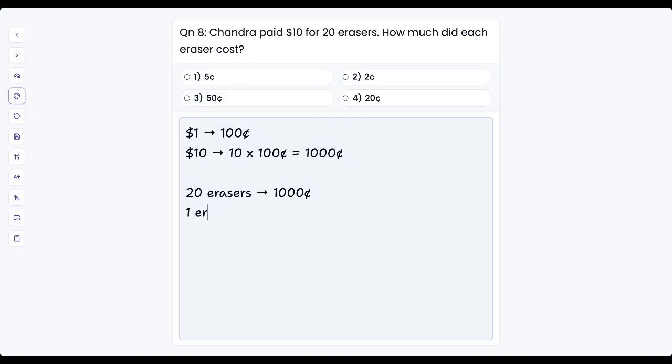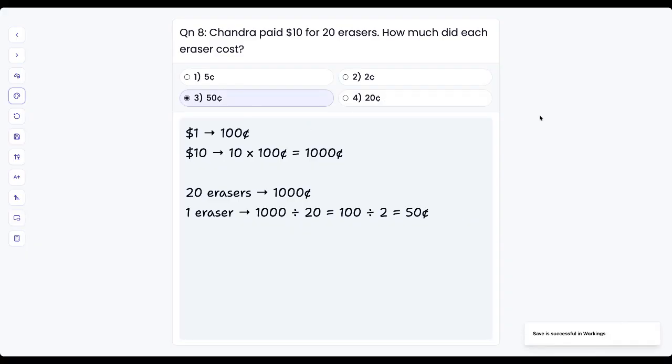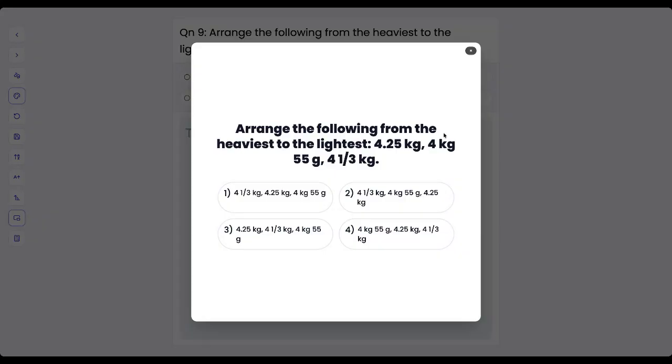What about one eraser? It is 1000 divided by 20. We cancel the zeros: 100 divided by 2, which is 50 cents. There you go. So the answer is 50 cents. All right, let's move on to question number 9.